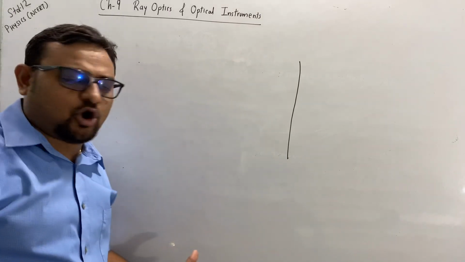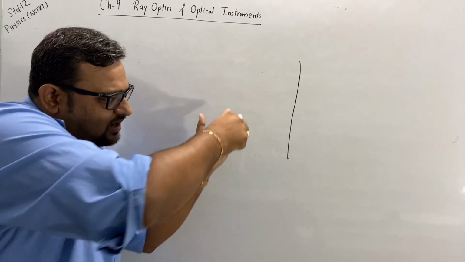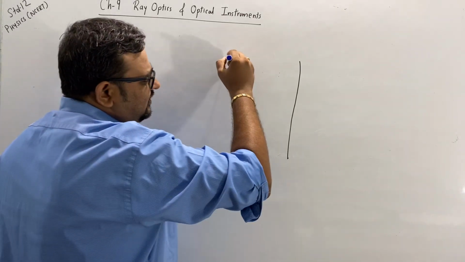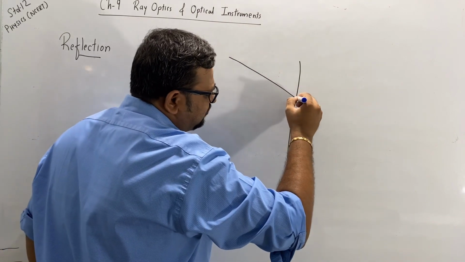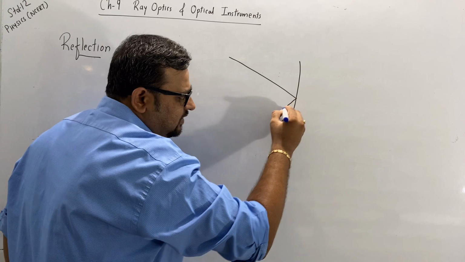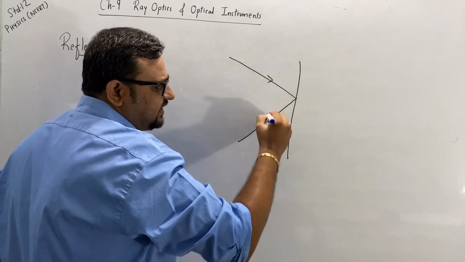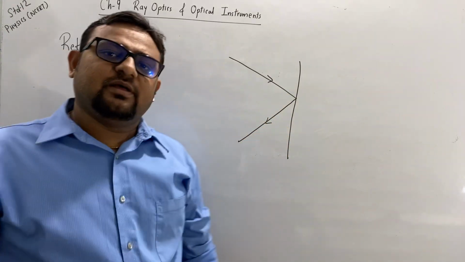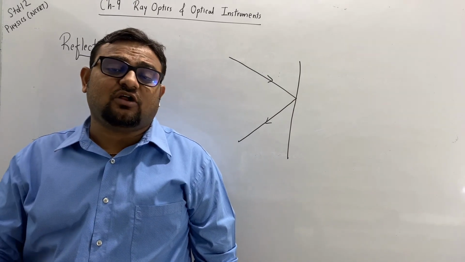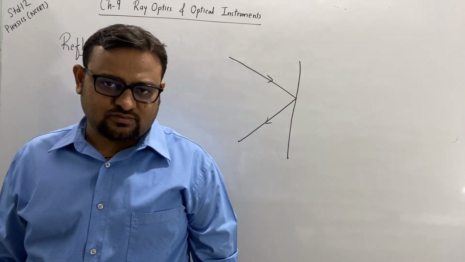This board is an opaque object. It will come back in the same medium, right? When light is incident on a plane, opaque surface, it comes back in the same medium. This phenomenon is called reflection.